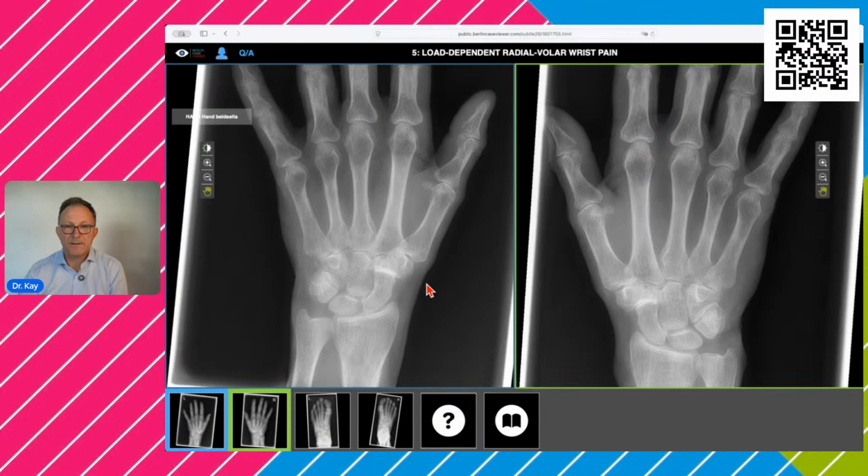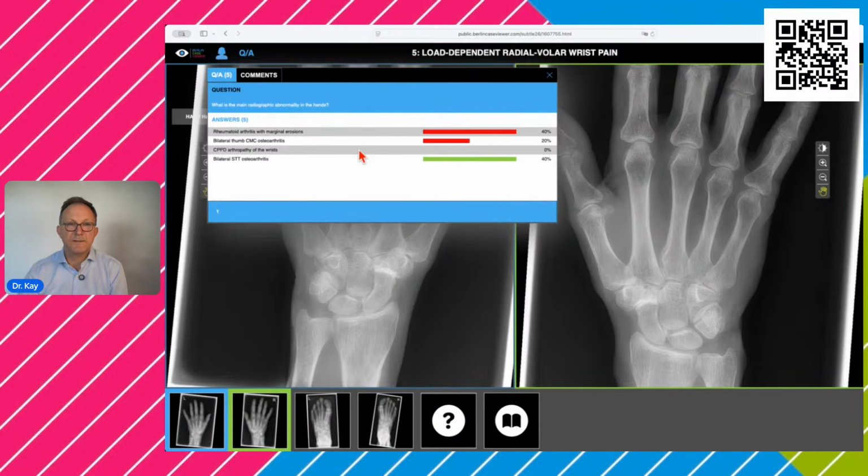And that's a case where we have an isolated osteoarthritis of this joint without concomitant osteoarthritis of the CMC1. Because usually in a case with severe osteoarthritis of the thumb, you also have secondary osteoarthritis here. But this is a case where we have just osteoarthritis in this single joint.